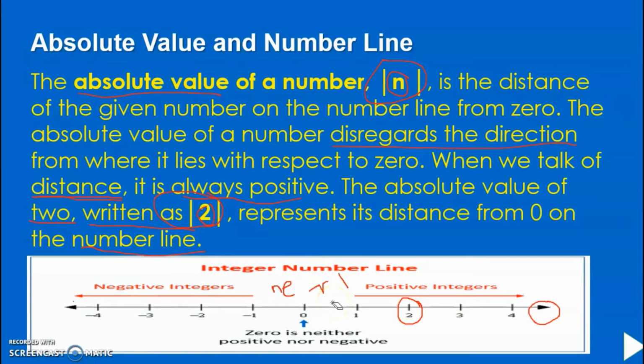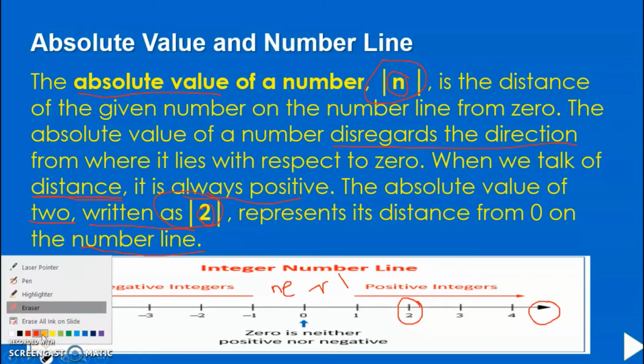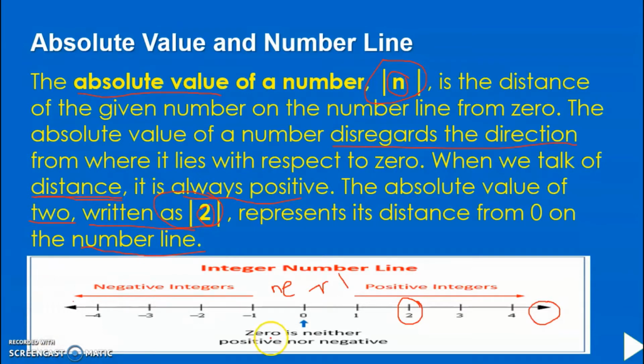So we can cover a certain unit distance from 0 to 2. We count the distance from 0 to 1 and 2, we can mark it and place the distance unit from 0 to 2.